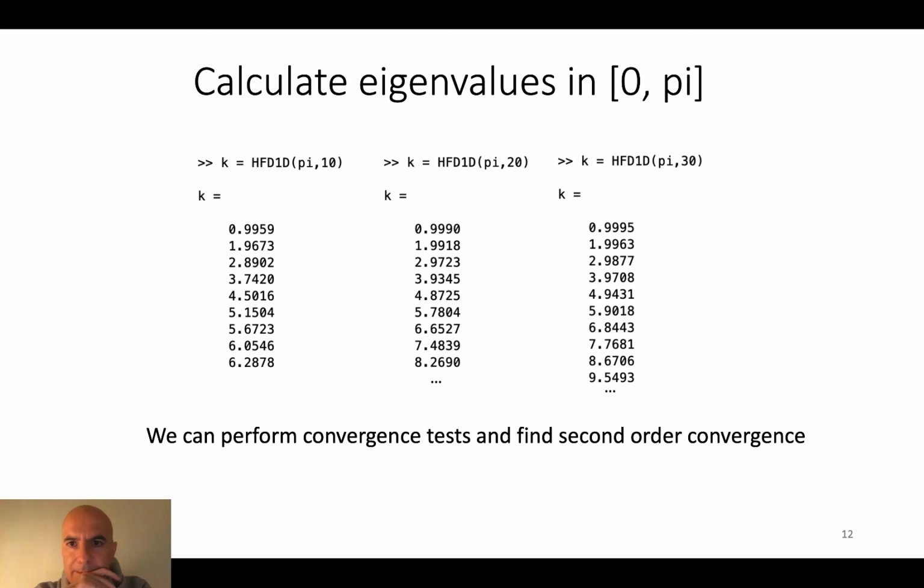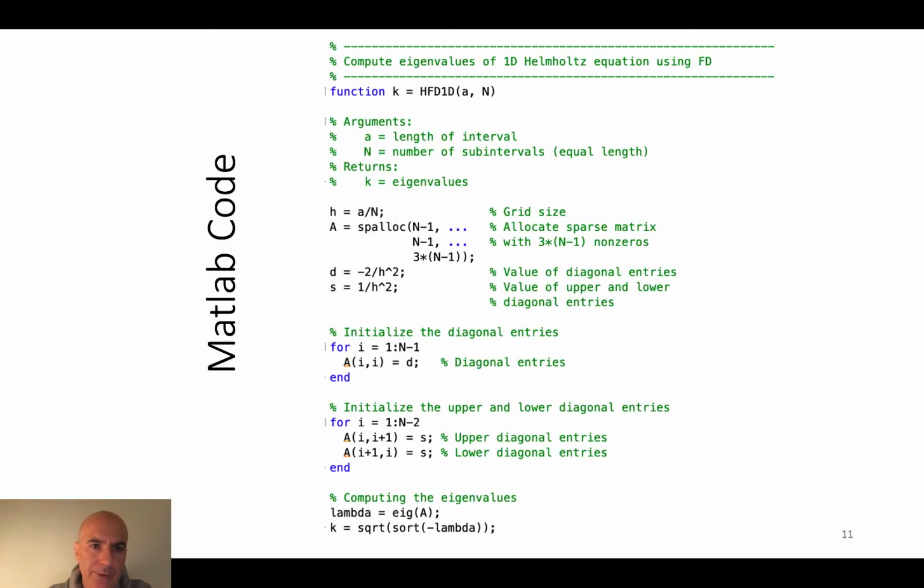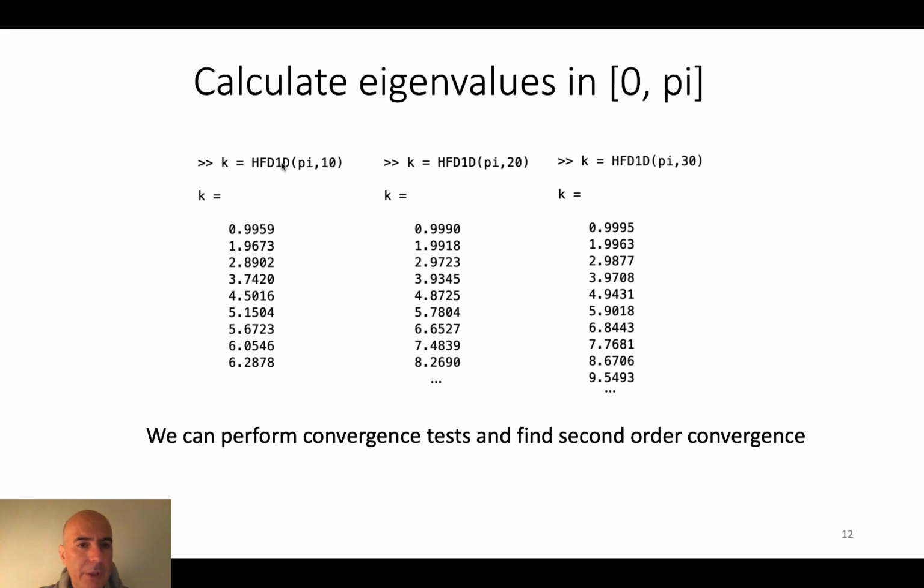So we call this function to calculate the eigenvalues, giving it two values. One is the size of the domain where we want to calculate our eigenvalues, and the other is the number of sub-intervals, that is, the number of cells. If we call this function where a is equal to pi, so we go from 0 to pi, and then we use n cells, we get this series of eigenvalues.